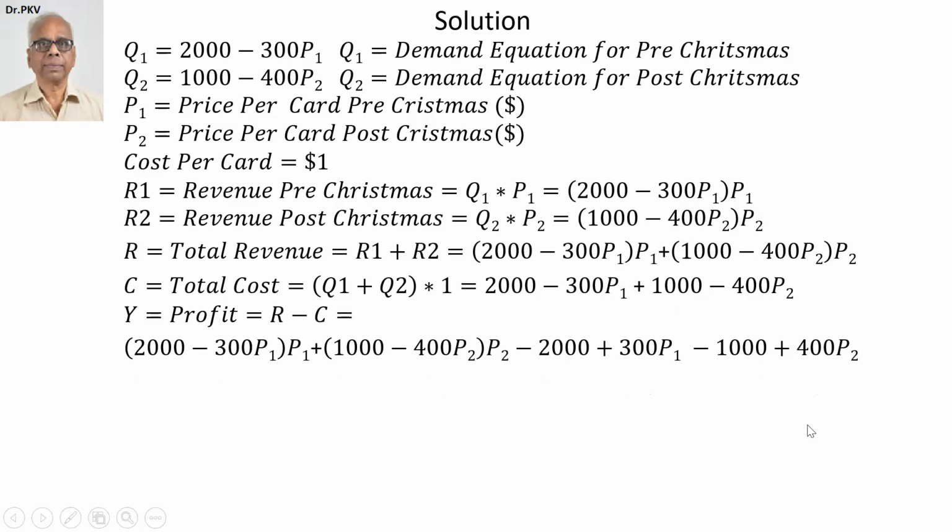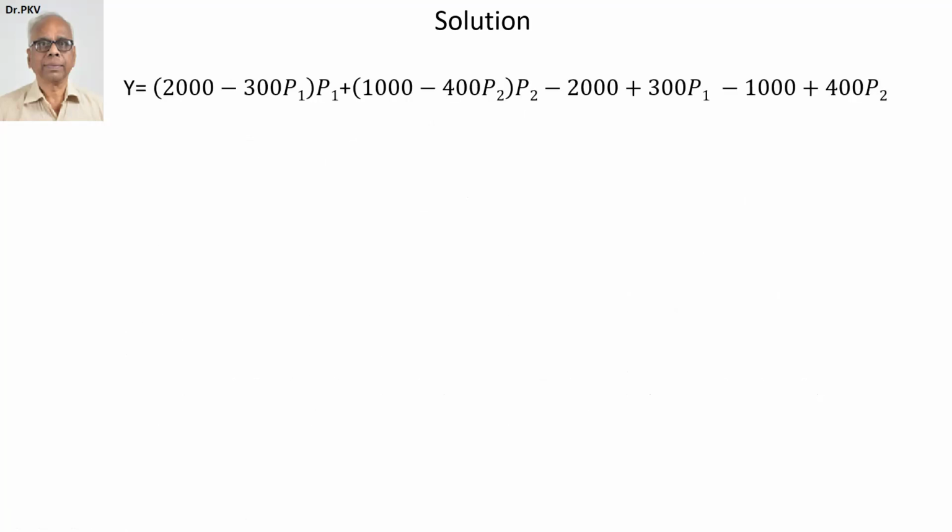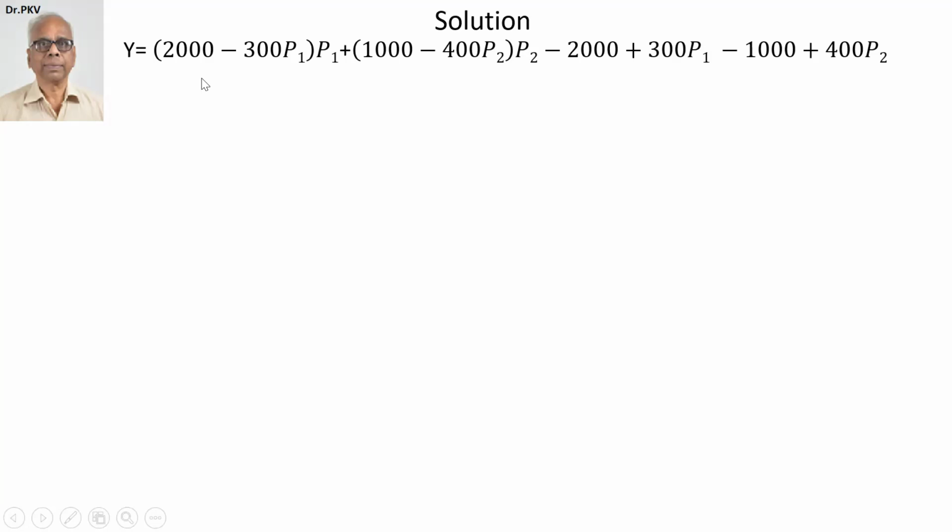So let me take it to the next slide. Right here, profit Y equals 2000 minus 300 P1 into P1 plus 1000 minus 400 P2 into P2 minus 2000 plus 300 P1 minus 1000 plus 400 P2.